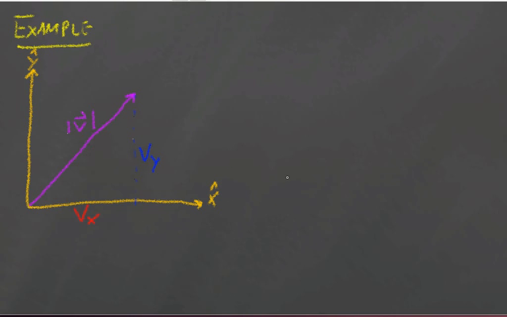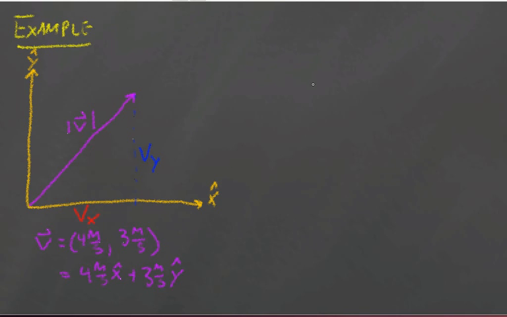Okay. So for example, we'll say that v is going to be 4 meters per second in the x direction and 3 meters per second in the y direction. Okay, or in other words, this is going to be 4 meters per second x hat plus 3 meters per second y hat.